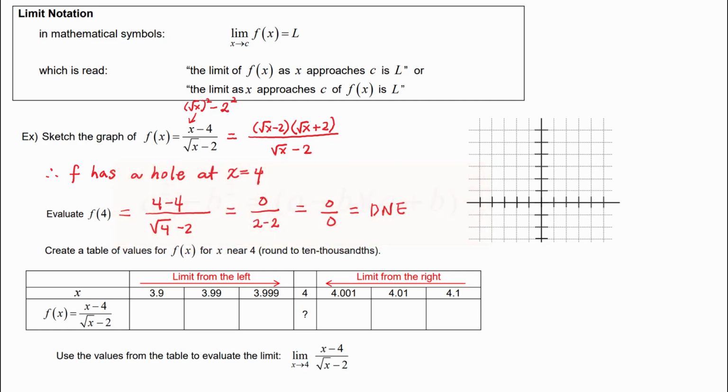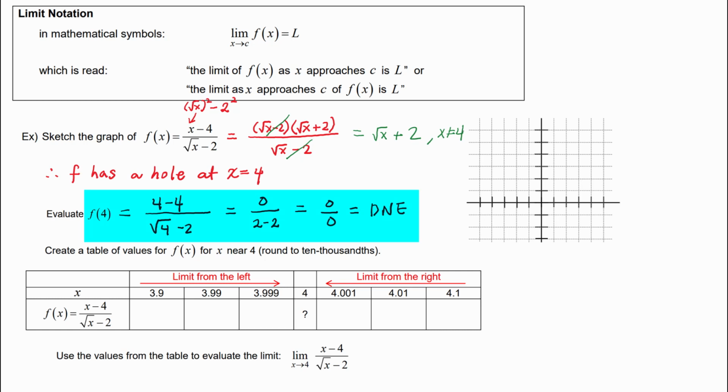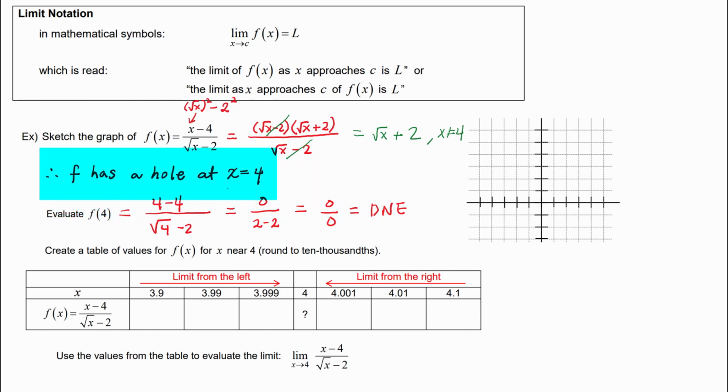So as long as x is not equal to 4, we can cancel the common factor, and this would be the same as the radical x plus 2 graph, except at x equals 4. So x cannot be equal to 4 because we have a hole at x equals 4.